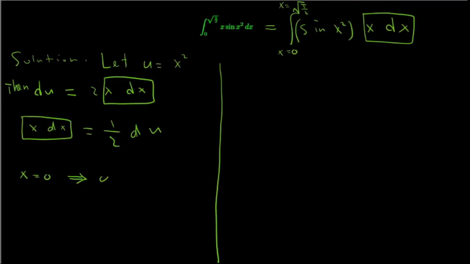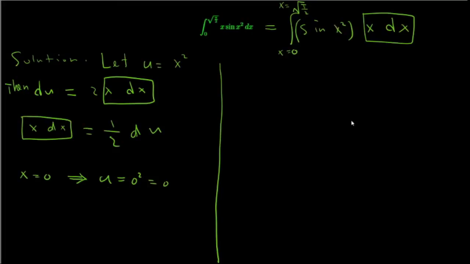The relation between u and x is here. Okay, u is x squared. When x value is 0, u value is 0 squared, which is 0. Again, that's the u value for the x value of 0.